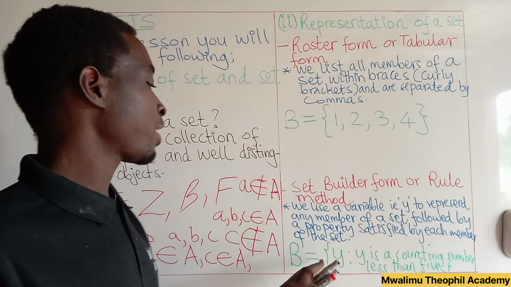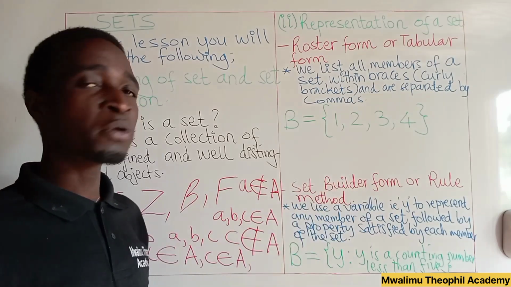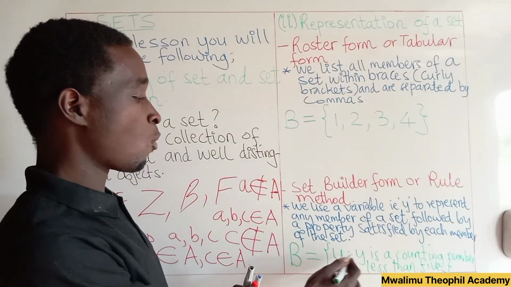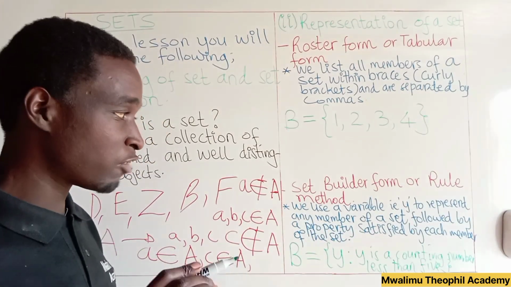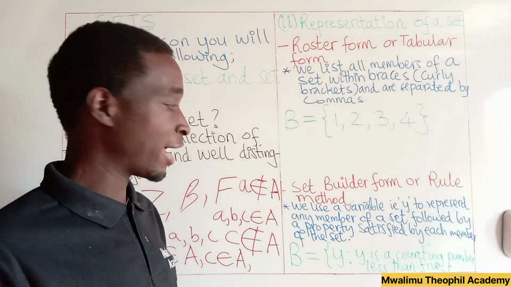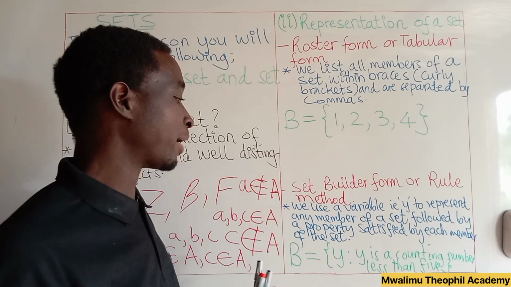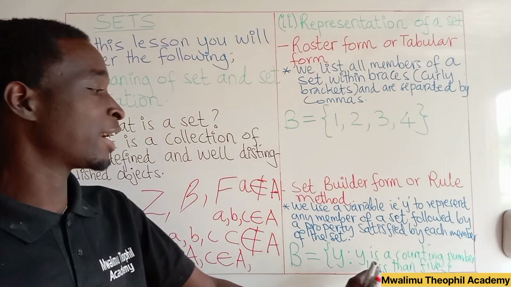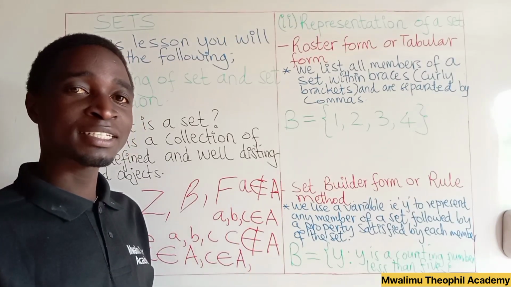So this is the way we represent a set by using set builder form or method. As you see here, we have used the variable y to represent these counting numbers, but after using that variable, you have to specify which property is satisfied by the particular variable. The property here is the counting numbers which are less than 5. So these are the two ways used to represent a set.